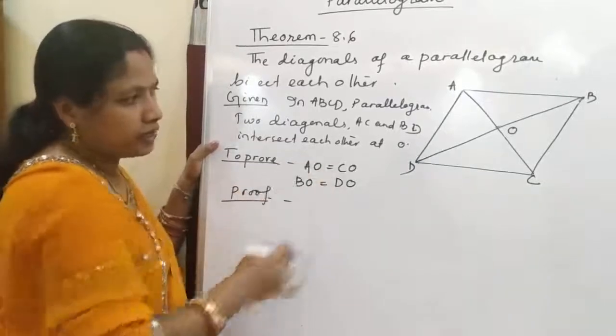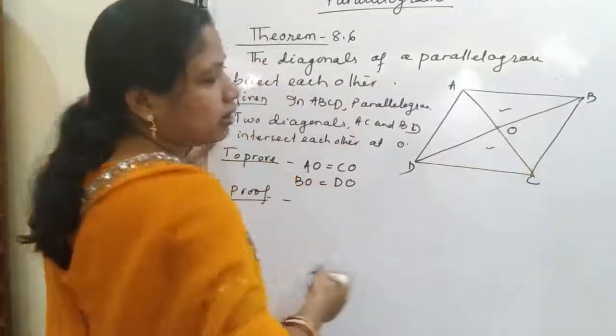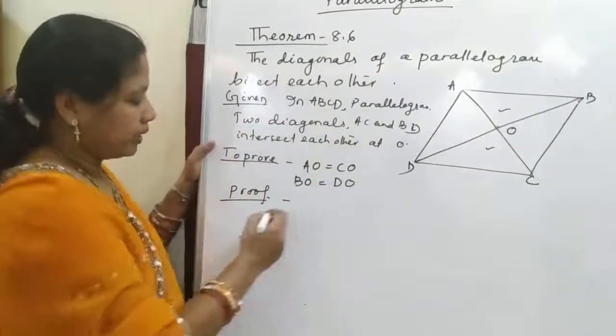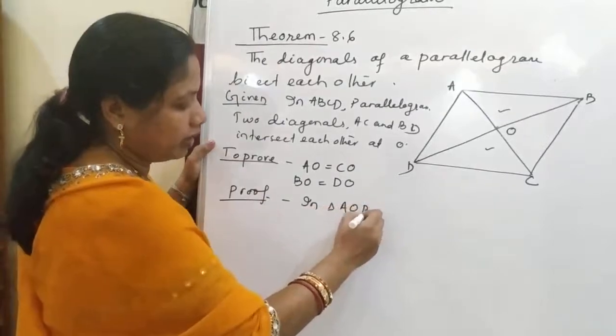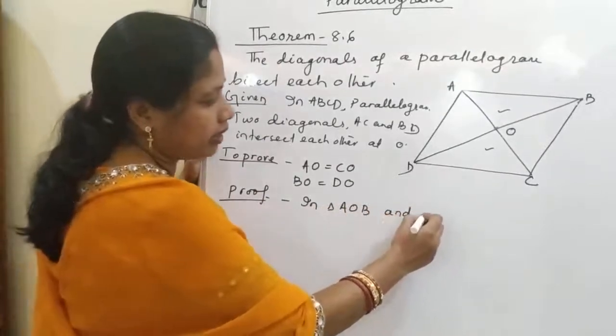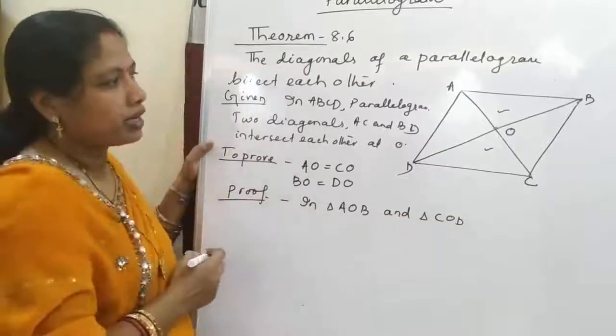To prove this, we take these two triangles. In triangle AOB and triangle COD, what are the equal parts?